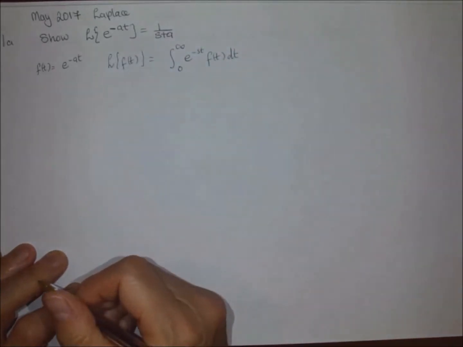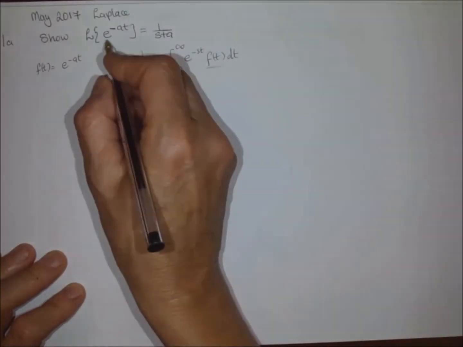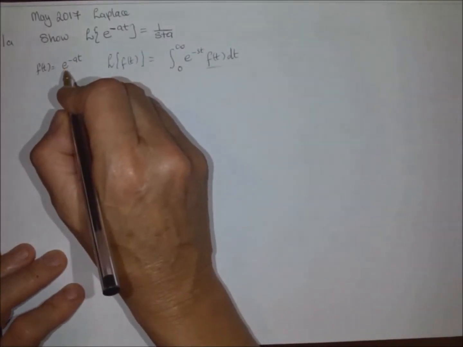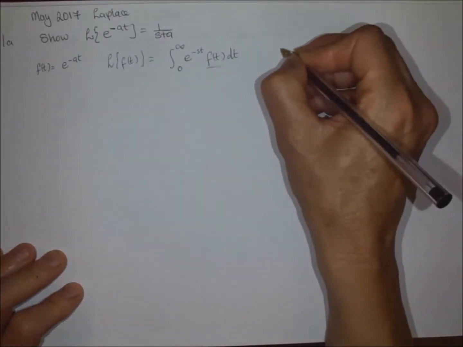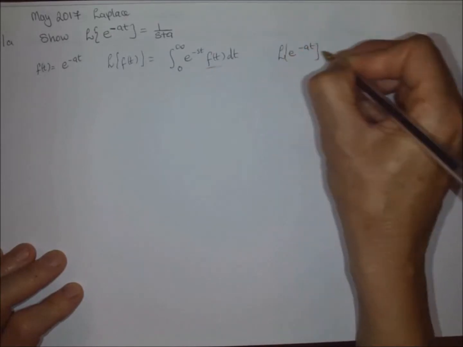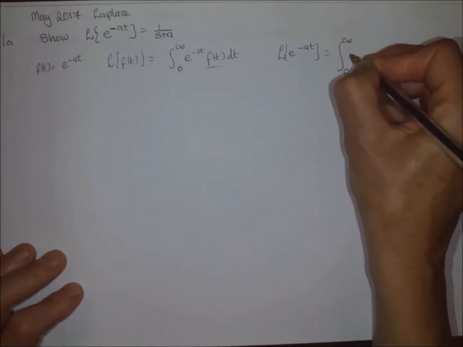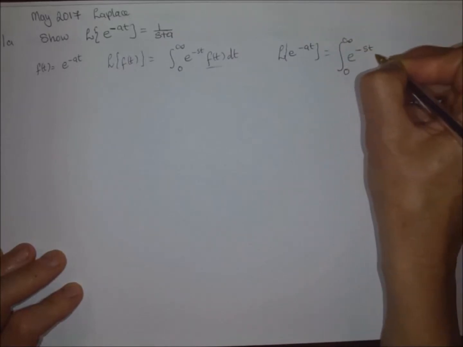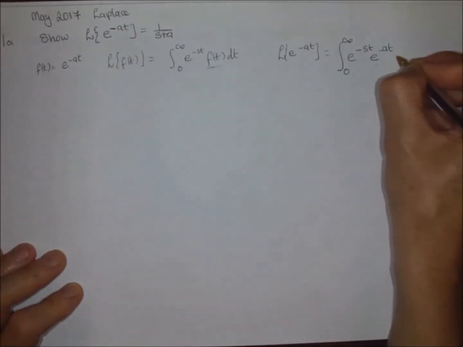That is your standard Laplace integration. In this case f of t is e to the minus at, so we put that in. The Laplace transform of e to the minus at becomes the integration between 0 and infinity of e to the minus st times e to the minus at, this is the f of t, dt.